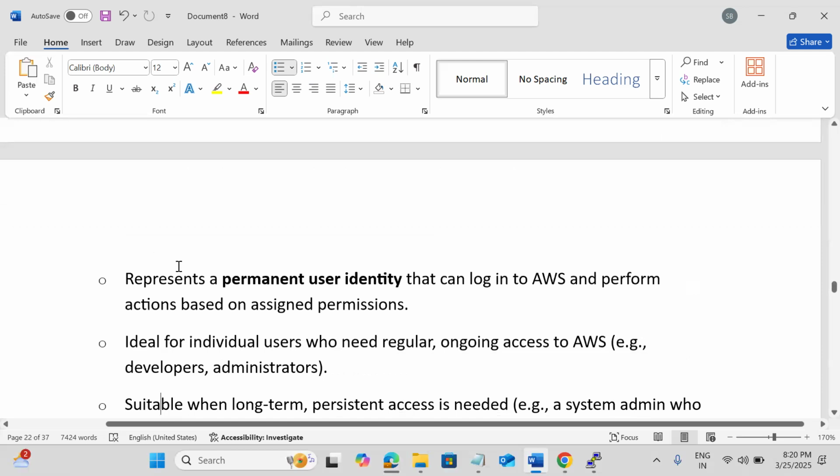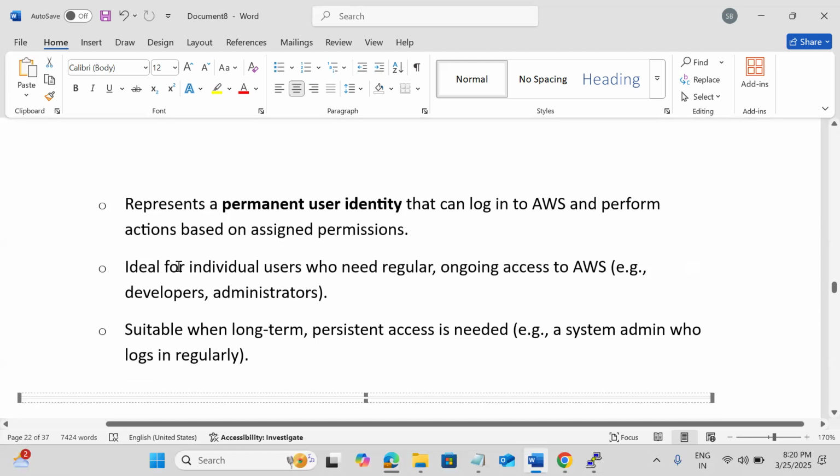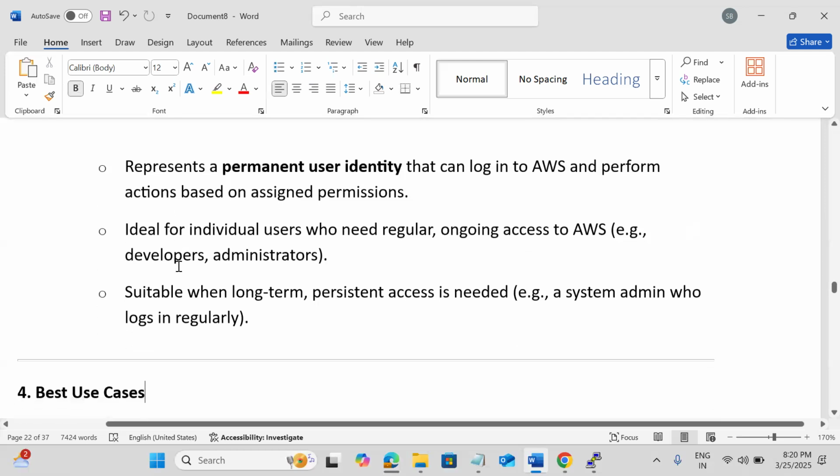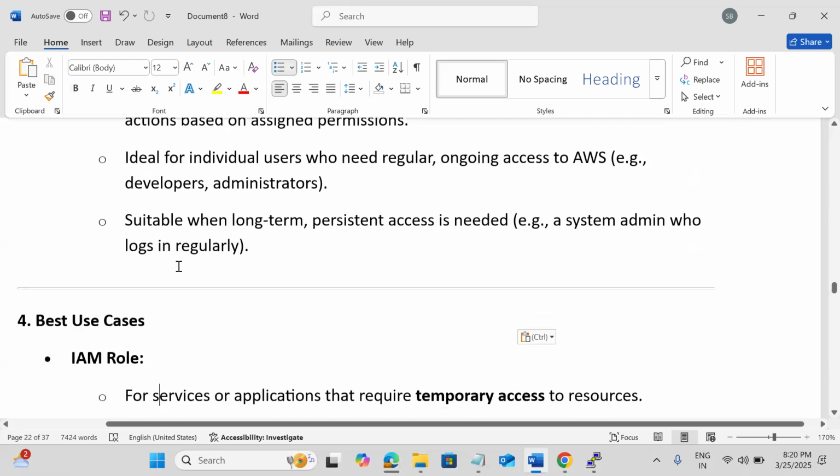But if you want to give a permanent user identity, it is better to go for IAM users. For long-term employees, it's recommended to give users or groups.